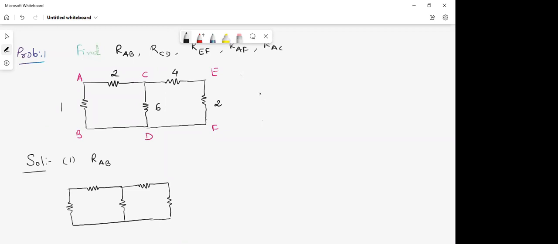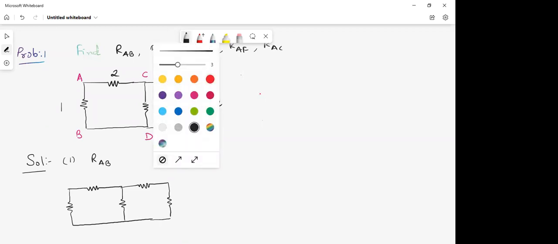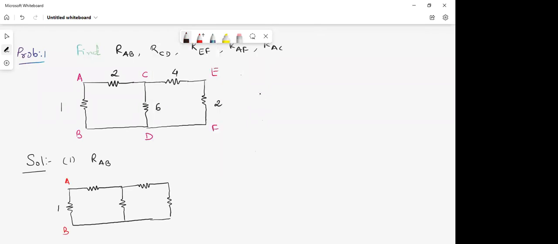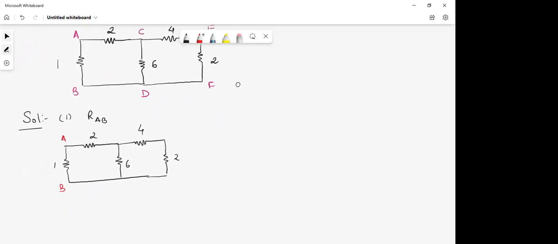I'll maintain only 2 points, that is A and B, nothing else. So I made C and D, E and F go.